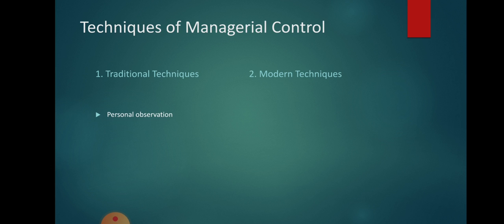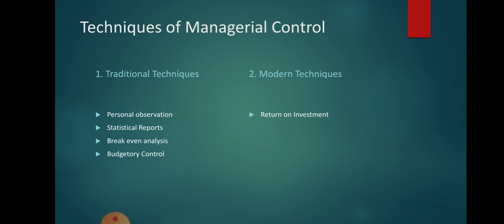So under traditional techniques, the first one is personal observation, second one is statistical reports, collecting the data, third one is break-even analysis, then fourth one is budgetary control. All these things we'll study in detail in this video. And in the modern techniques we have around six techniques.